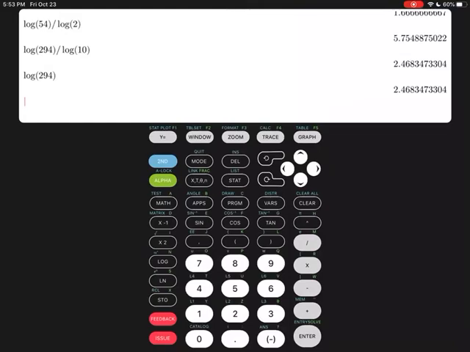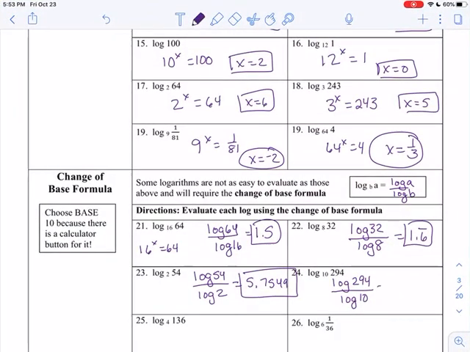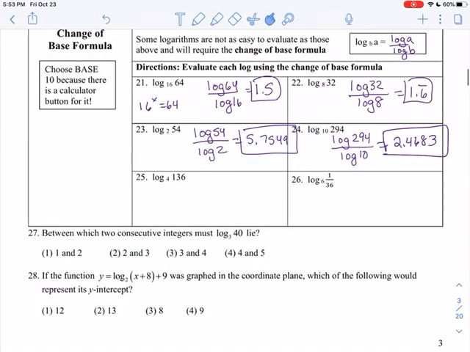And I get 2.4683. What happens if I just did log of 294? I get the same answer because the calculator uses base 10. So I don't have to use the change of base for that one if I don't want to. So I get 2.4683. Just writing a couple decimal places there.